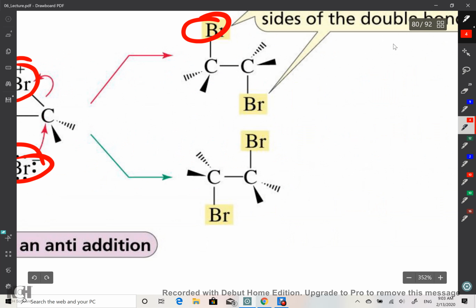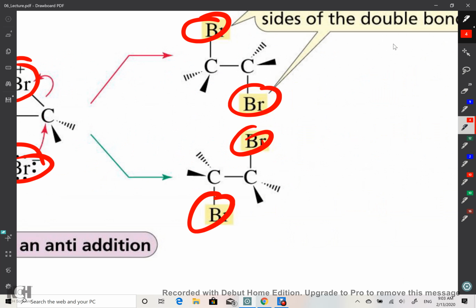One will be added on the top, the other one will be added on the bottom. That's what we call the anti-addition. Does that make sense? One is above, one is below. In other words, one will be on the wedge and then the other one will be on the dash. It is an anti-addition.